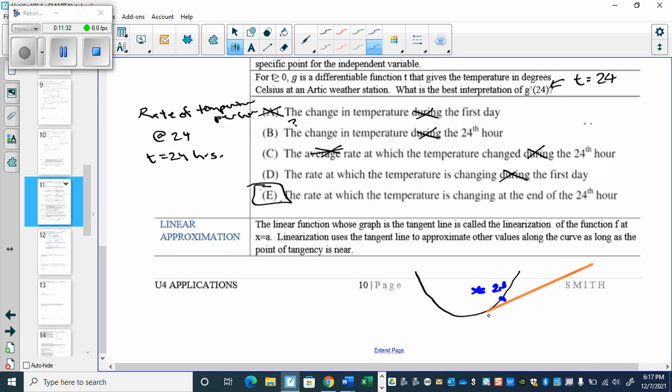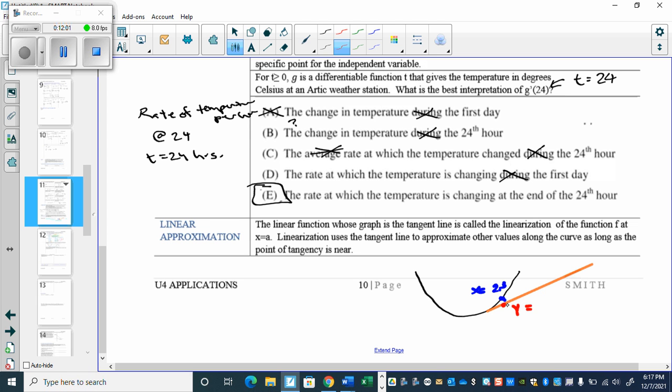What they do is they make you get the equation of this tangent line, and instead of getting the point right here, you get the y value of this tangent line, this y value here. And this y value is only approximately close to the actual y value right here.